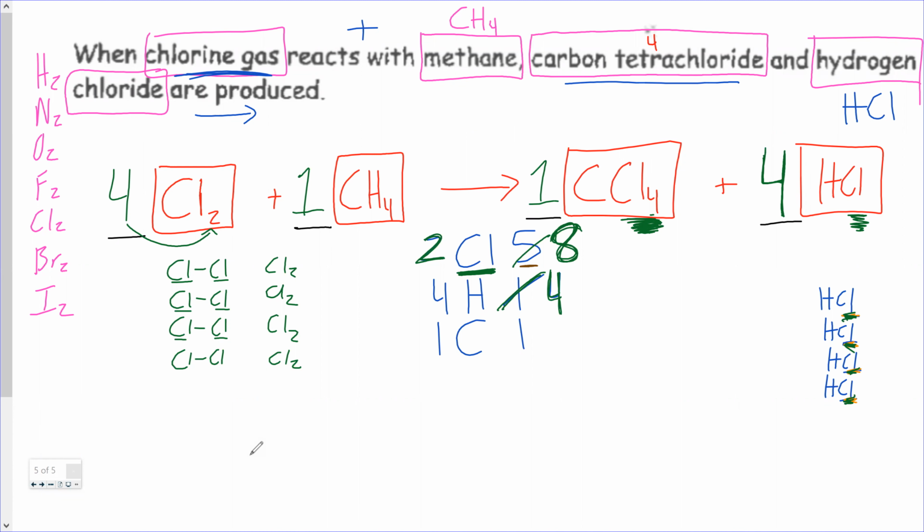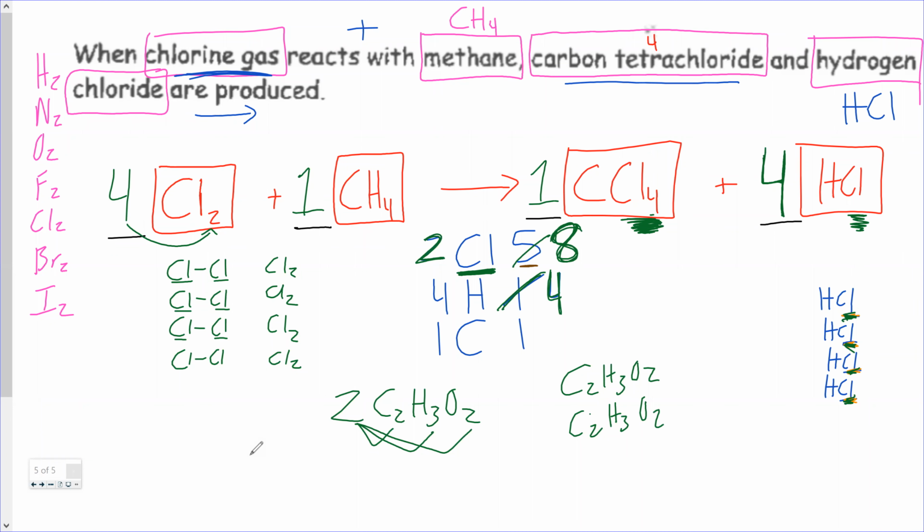That's like if I said 2 C2H3O2s, that tells me I have 4 carbons, 6 hydrogens, 4 oxygens, because I have a C2H3O2 and I have another C2H3O2. So that's 4, 6, 4. So coefficients, you can multiply them by your subscripts to figure out how many you got.